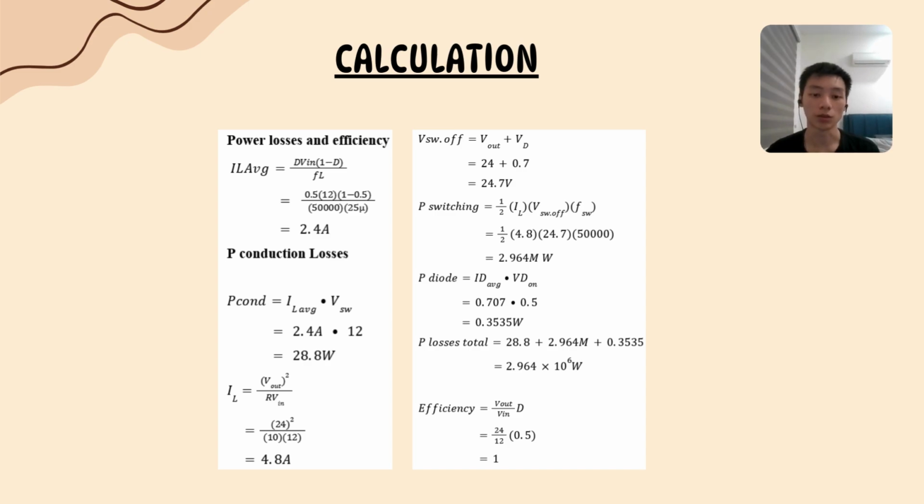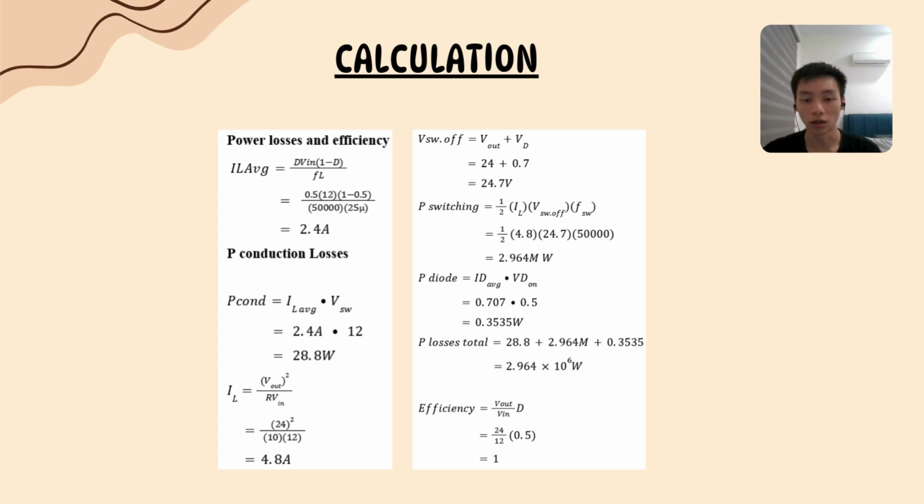Next, we calculate the switching inductance current and switching off voltage to find out the power switching. The switching inductance current is equal to voltage output squared divided by bracket load resistance multiplied by voltage input.